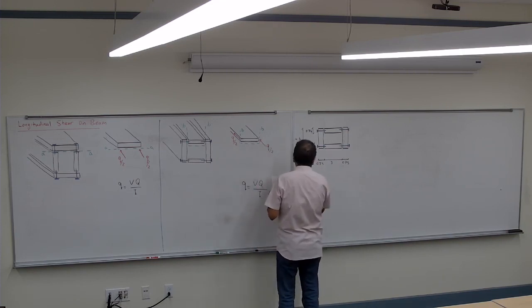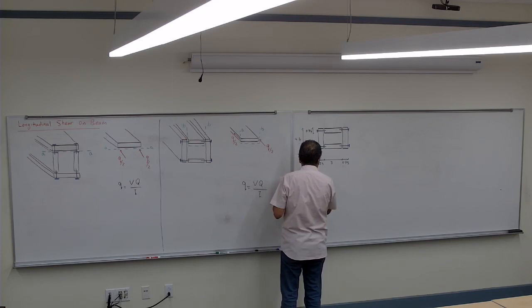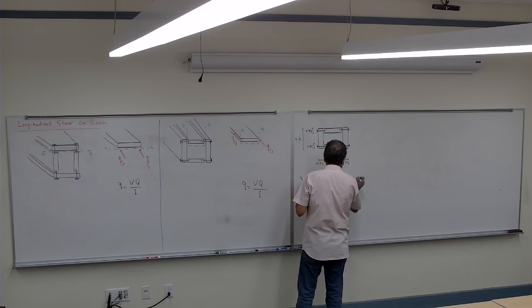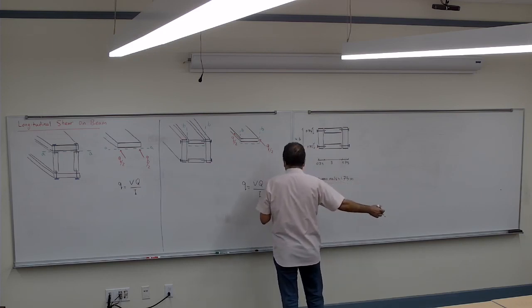So the spacing between nails is 1.75 inch. So every 1.75 inch will have one nail.